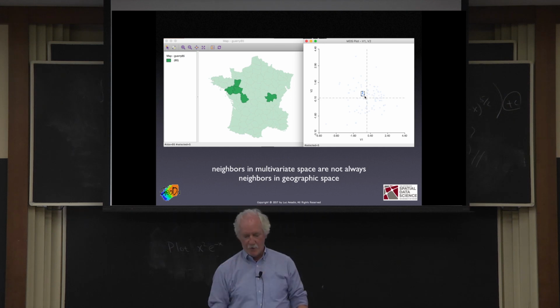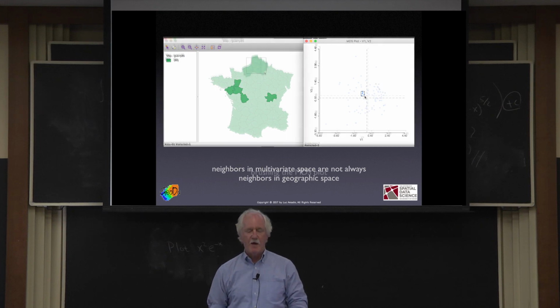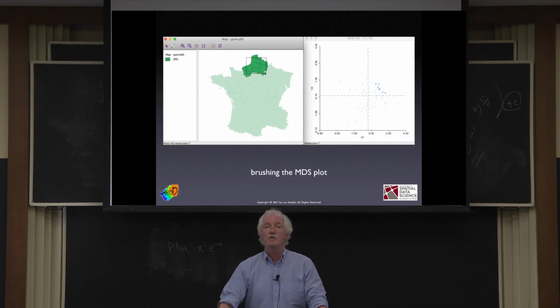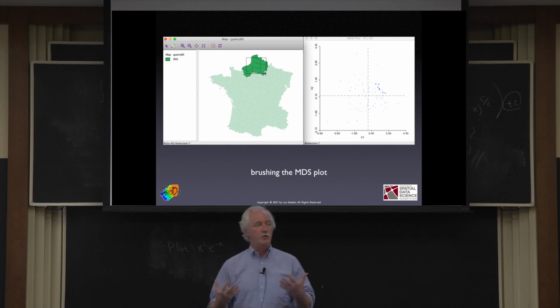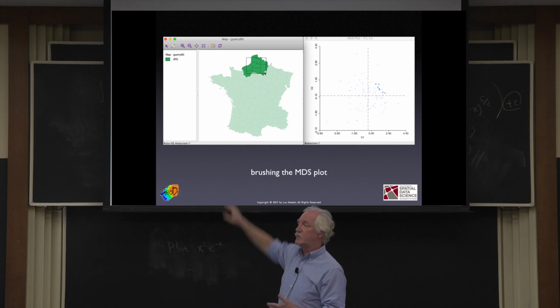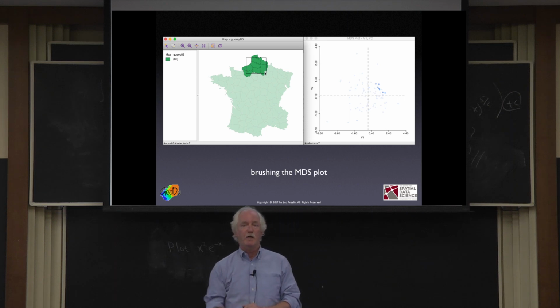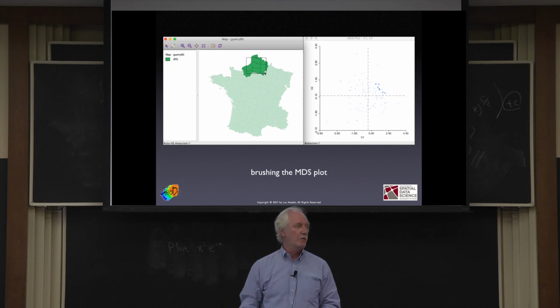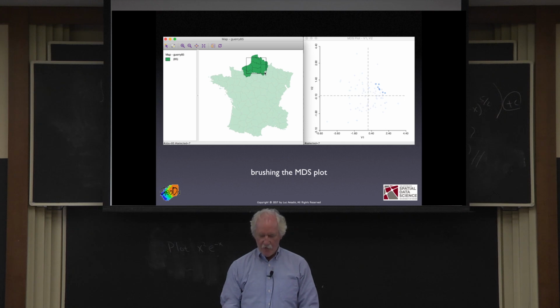And of course, you can flip it around, and you can look on the map where are these neighbors in terms of their multi-attribute closeness. So this is another way of thinking about the tension between attribute similarity, which is depicted in the multidimensional scaling map, and geographic similarity, which is depicted in our geographical map. Okay, so that's a different way of thinking about this.